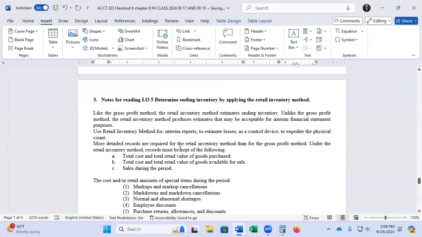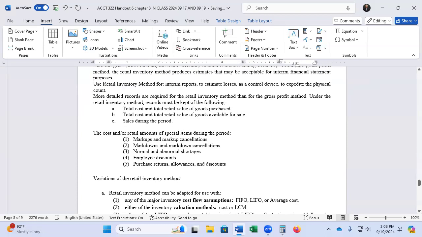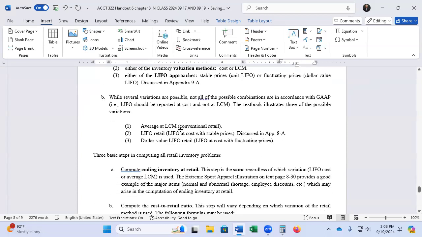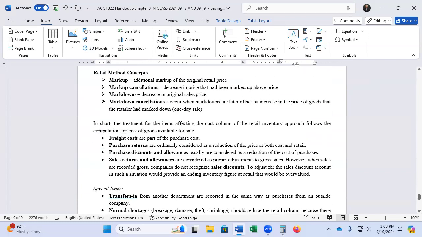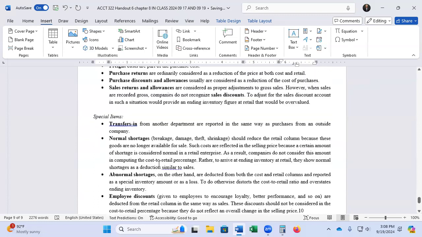Okay, so the remainder of your handout is some notes for reading. These are kind of the important points that I've highlighted. You won't have a question to calculate it. It's complicated, and it's only used by a very small portion of corporations out there.